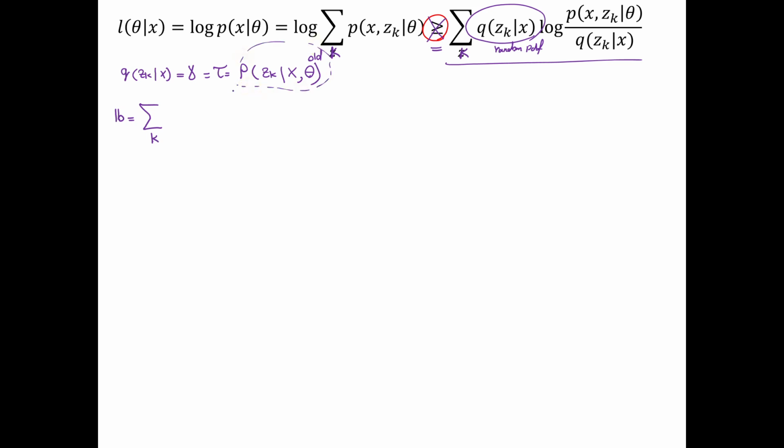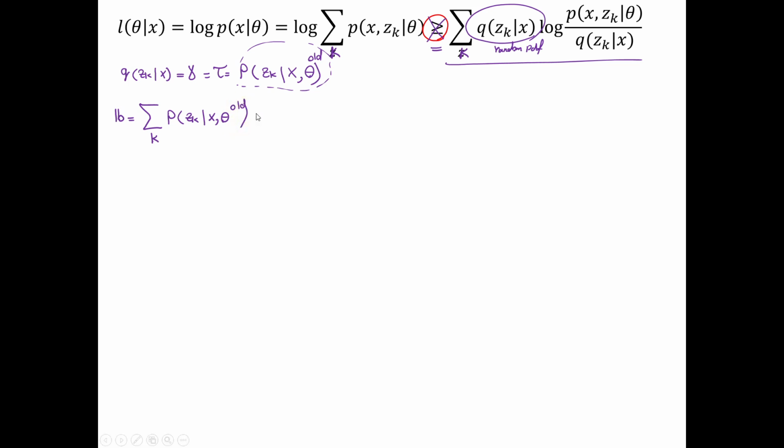I changed it to this. Now this means that P of zk given x theta, all this means our responsibility. Okay, so what should I write here instead of q of zk given x? I should write it as P of zk given x theta old.